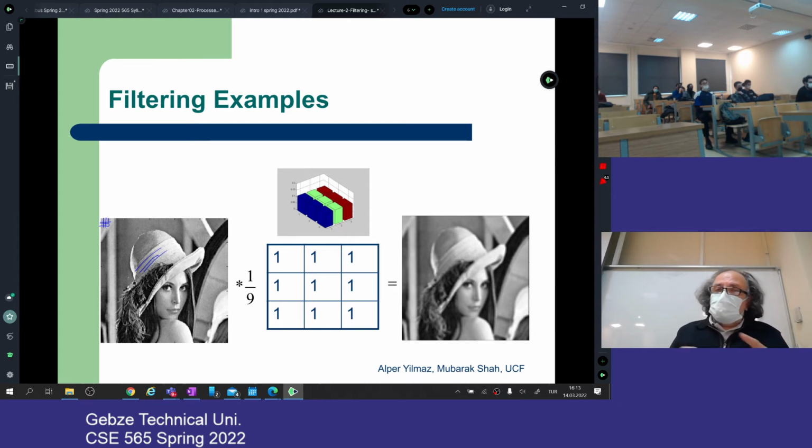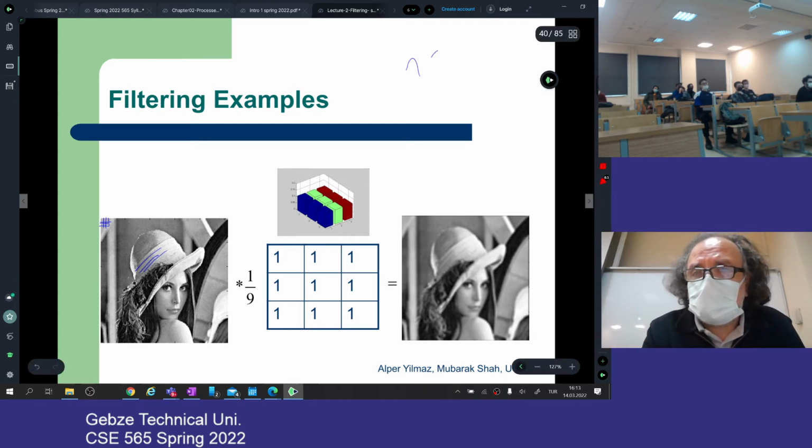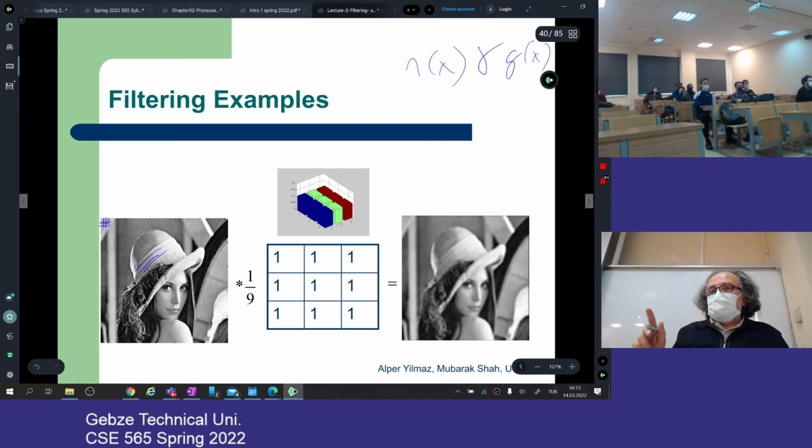Remember this nx, if I take this from the Gaussian distribution, it is symmetric around 0, right? Sometimes it gives you a negative number, sometimes it gives you a positive number, sometimes around 0.